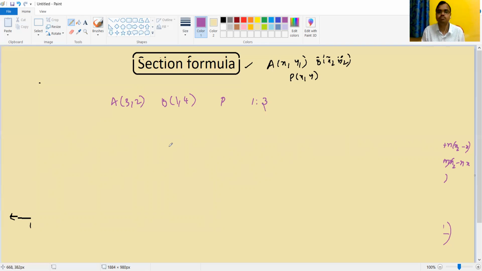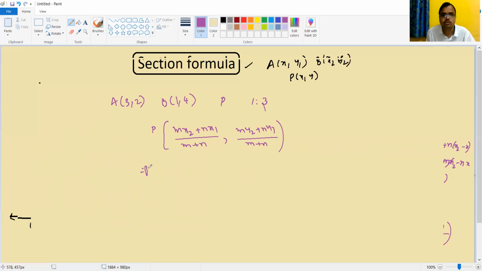How to find the point P? So simple, same application of the formula I told you, mx2 plus nx1 by m plus n, my2 plus ny1 by m plus n. Here m is 1, n is 3. This is x1, y1, x2, y2.